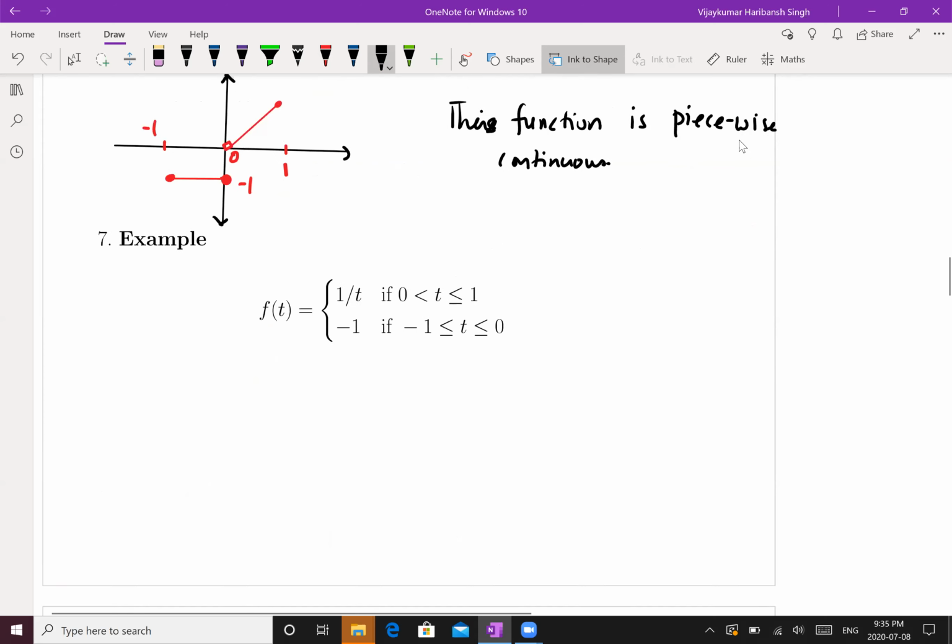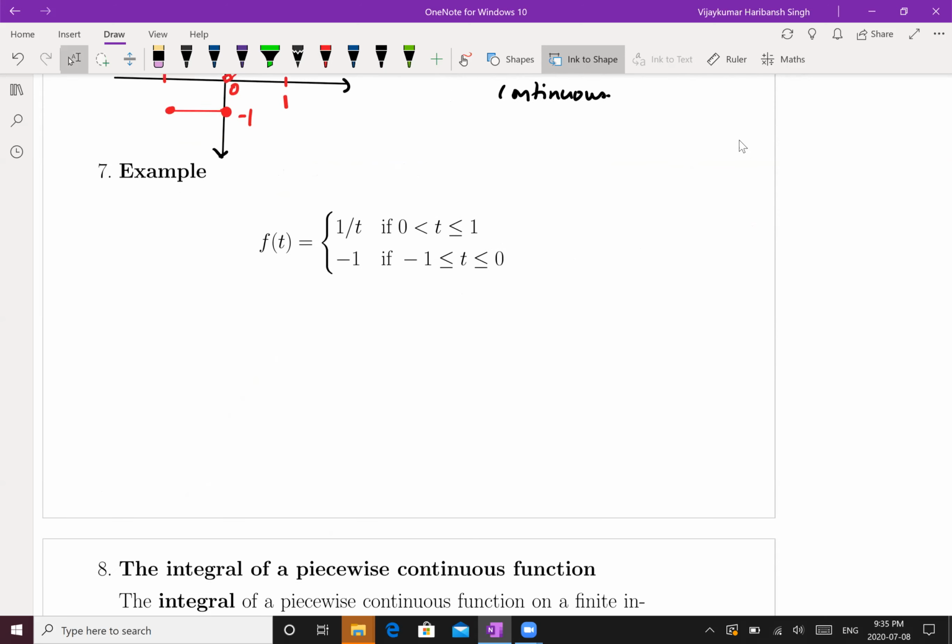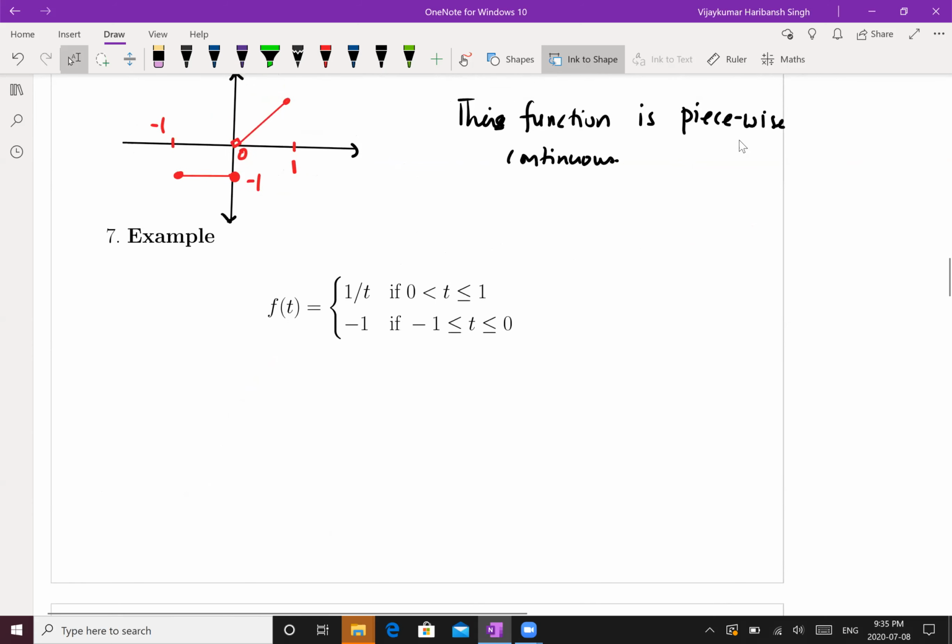Now let's investigate the next function. Again, the same story, so let's just draw this. From -1 to 0, the function is given by -1, so it's included.